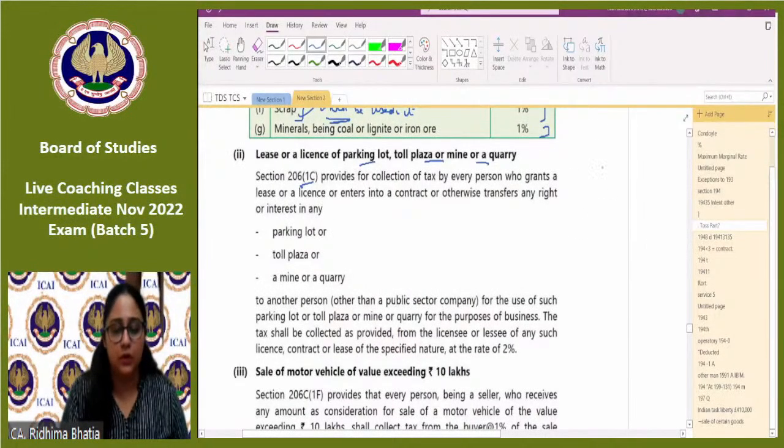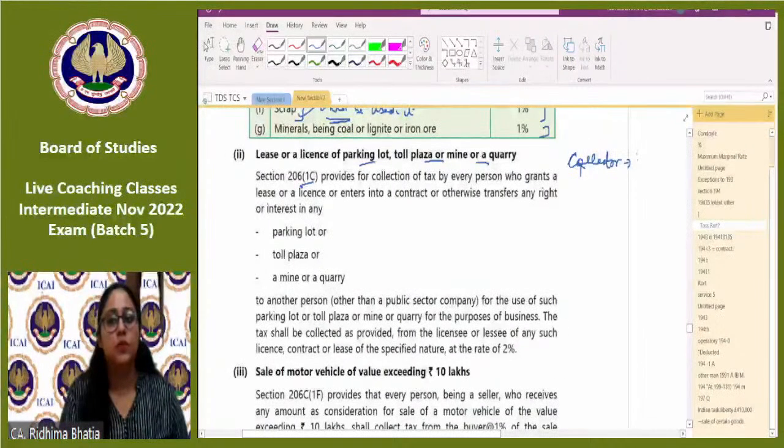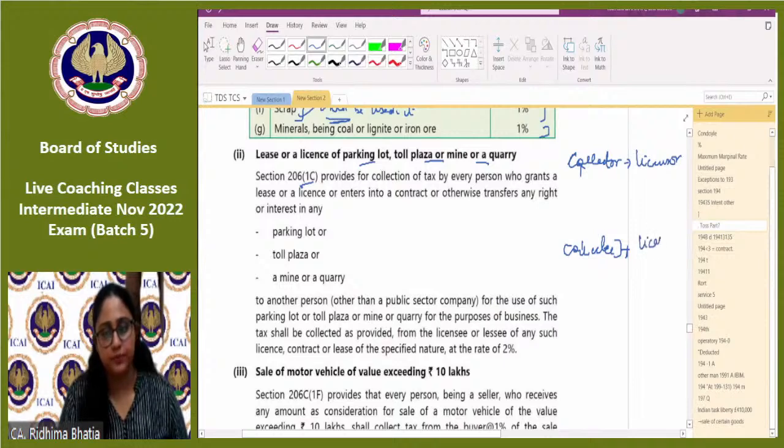Collector कौन होगा? The licensor or the lessor. Who would be the collector? The person who is giving the license. So the licensor. From who we would collect? The person who is paying the lease rentals, the licensee or the license amount.